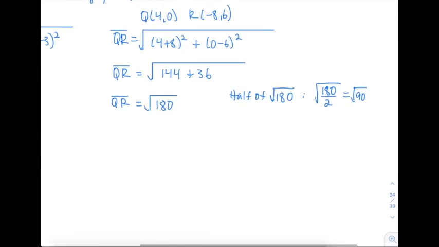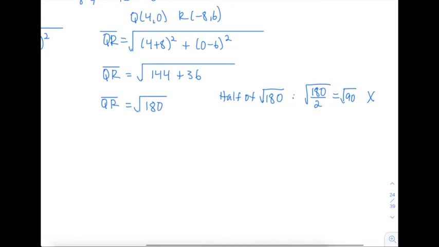This is the wrong way to do it. In order to take half of 180, what you should be doing, the correct way, is taking 180 and dividing the result by 2.